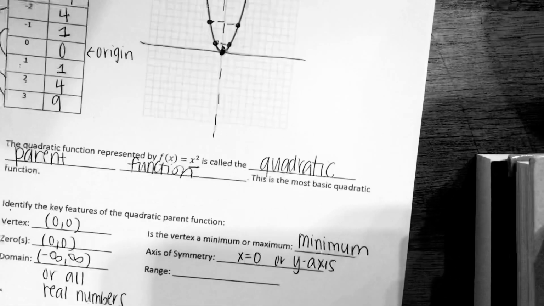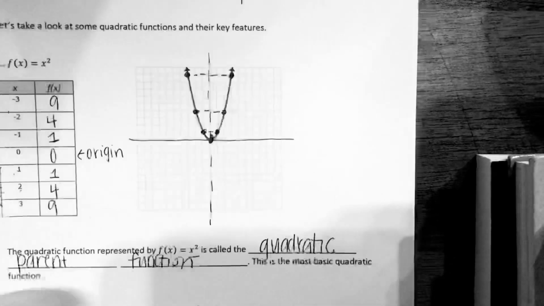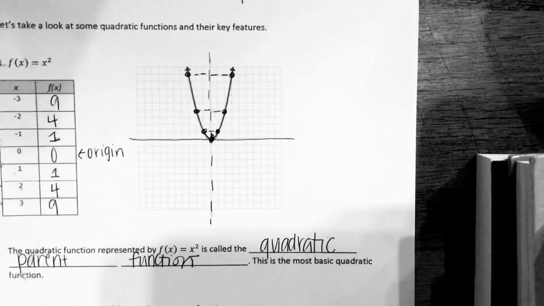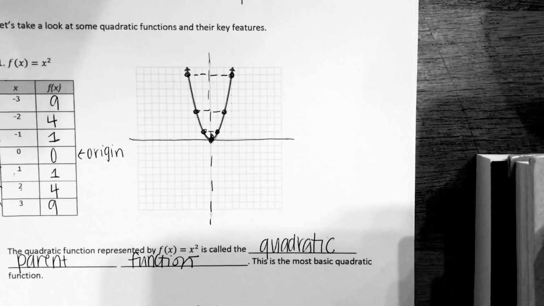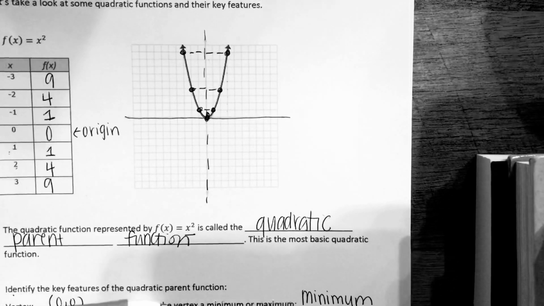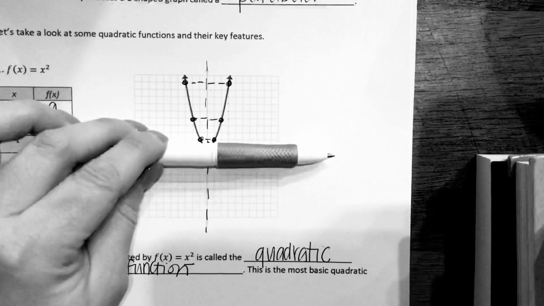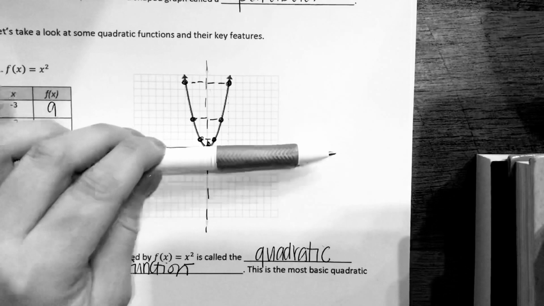The next thing is going to be the range, and the range is going to be how this graph is moving up and down. Now, the range is going to play part with your graph either having a minimum or a maximum. Because this is the minimum, it means it's the lowest point.